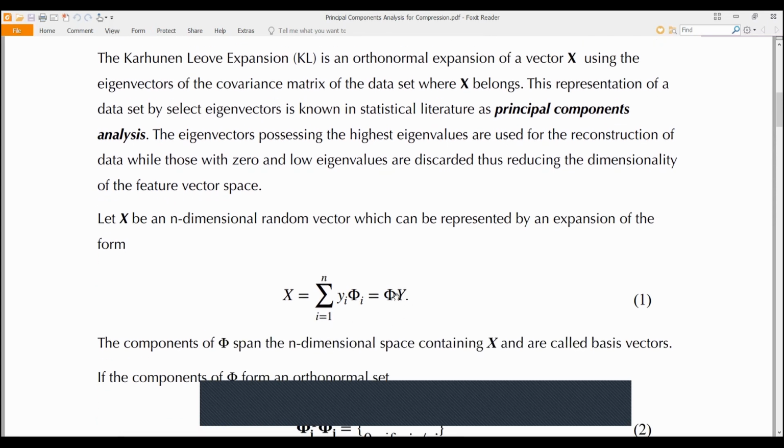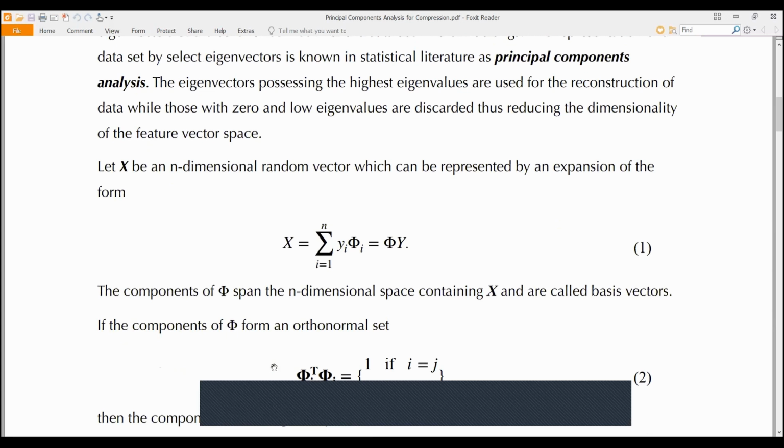Or we can write it as a matrix-vector multiplication. The components of phi span the n-dimensional space containing X and are called basis vectors. So phi is a matrix and its columns, for example, are the basis vectors. Dapat ata may transpose ito.